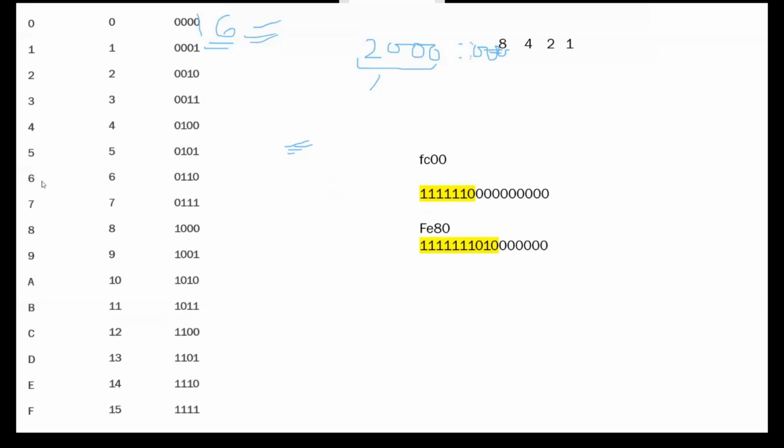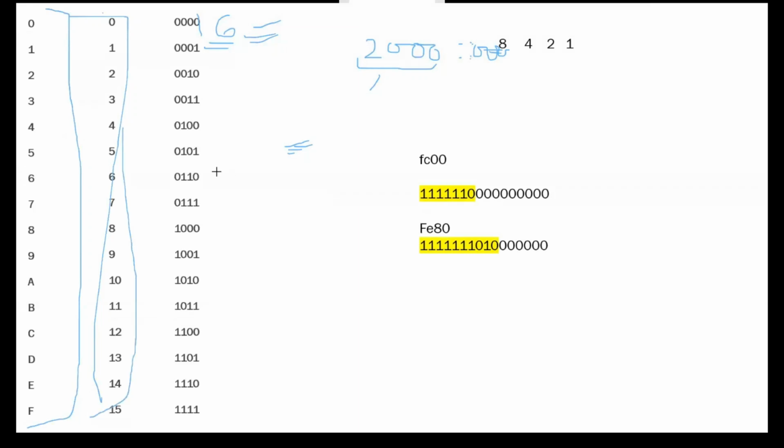We can write like this. Here I have written hexadecimal 0 to F. Then here I have converted into decimal first, because directly you can't convert into binary. Firstly we have to convert into decimal, so 0 to 15.